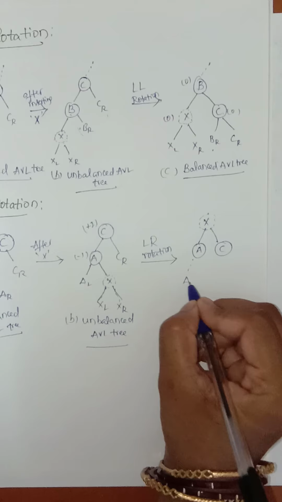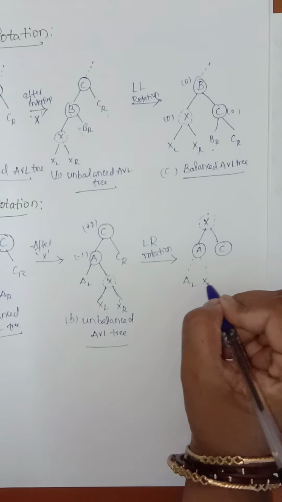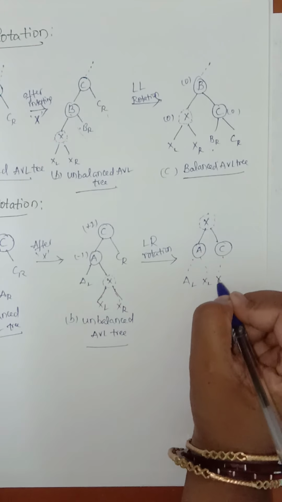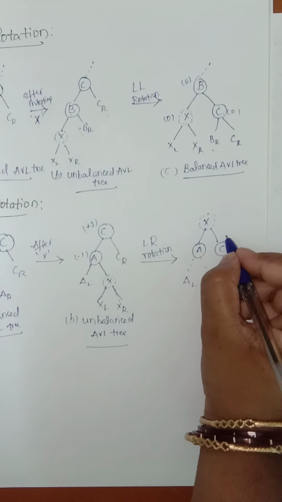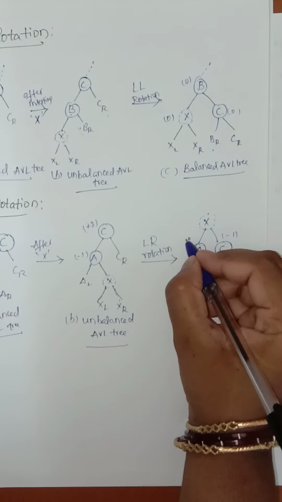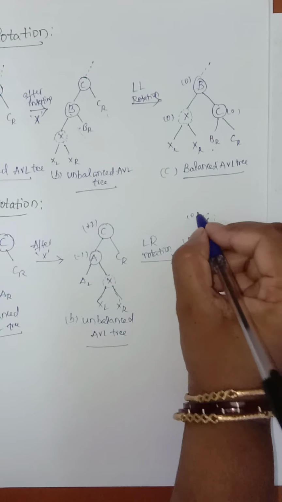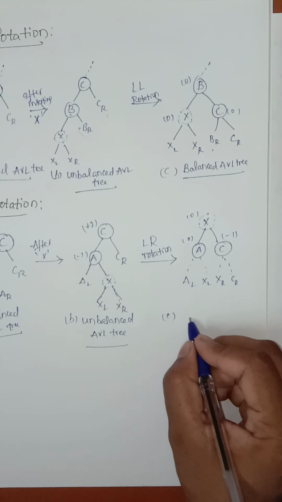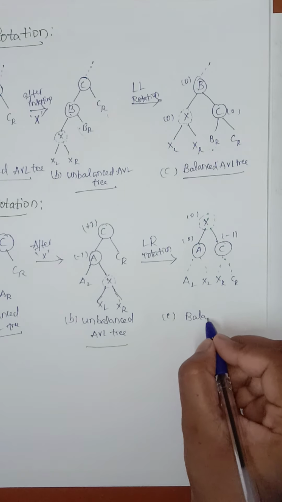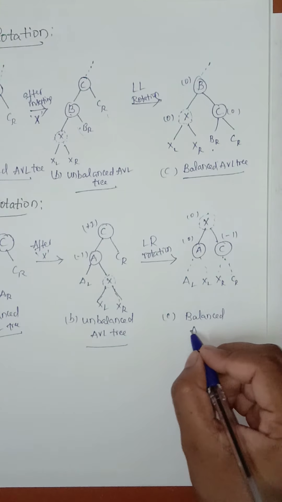As it is AL, XL, XR and CR. Here it will be -1, the height will be 0, the height will be 0. So we have balanced the tree. This is a balanced AVL tree.